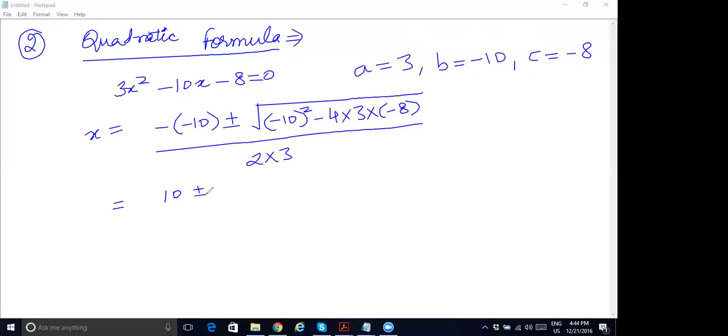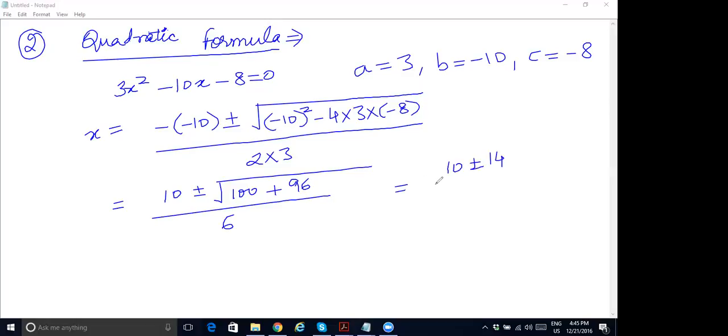Yep. So it becomes 10 plus 14 by 6 or 10 minus 14 by 6. Values of x equal to 24 by 6 and minus 4 by 6, that is 4 or minus 2 by 3. Yes. So we get 4 and negative 2 by 3.